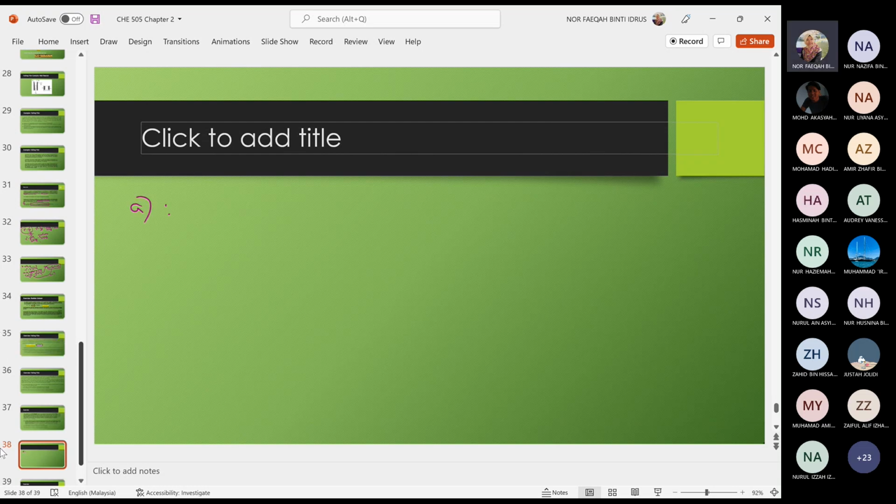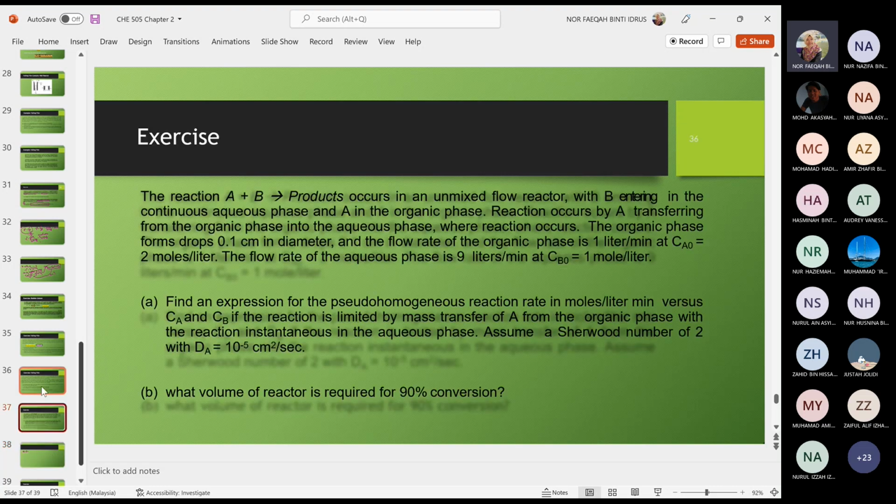Question A. Because it is limited by mass transfer. The question already tells us it is limited by mass transfer of A from the organic phase with the reaction instantaneous in the aqueous phase.